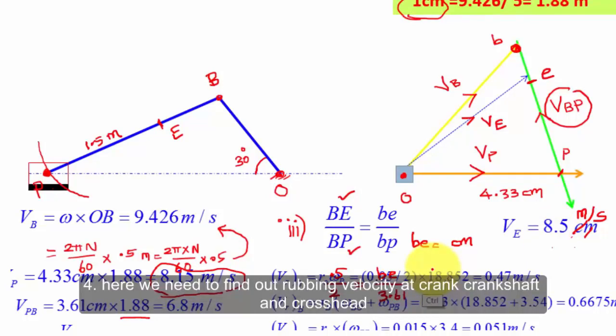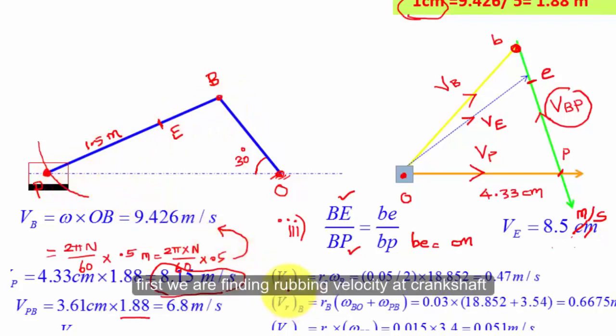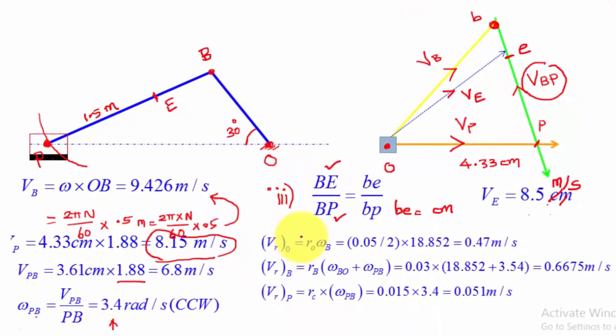Next, subdivision 4. Here we need to find out the rubbing velocity at the crankshaft and crosshead. Okay, first we are finding the relative rubbing velocity at crankshaft O. So the formula is R into omega.